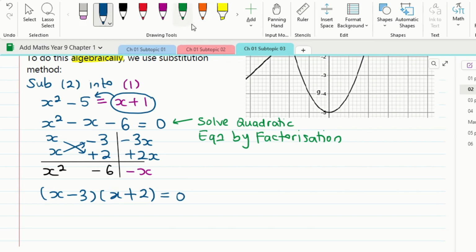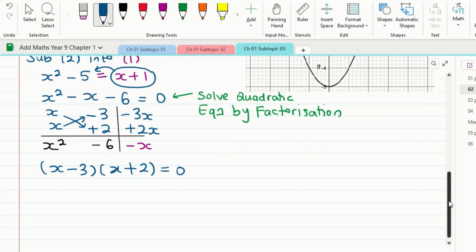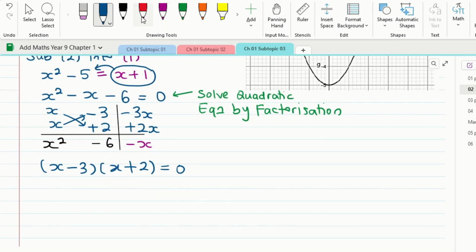Now here, since you have a double bracket equal to 0, if you learn some part of Maths D, this is actually trying to say that x minus 3 equals 0 or x plus 2 equals 0.